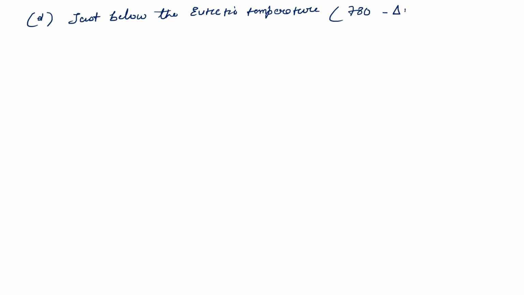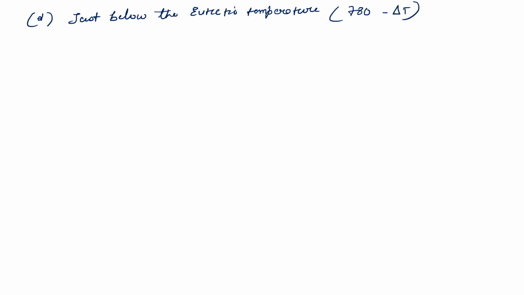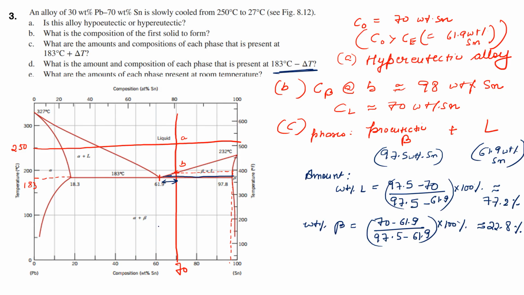So question D, just below the eutectic temperature, it is 183 minus delta T. Oh, sorry, it's 183, I just remembered the last example. 183 minus delta T, we'll be having alpha plus beta phases, right?